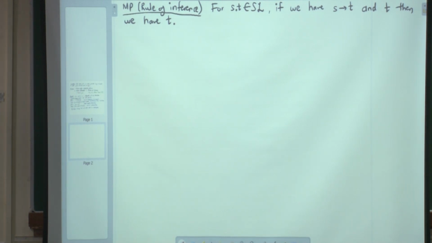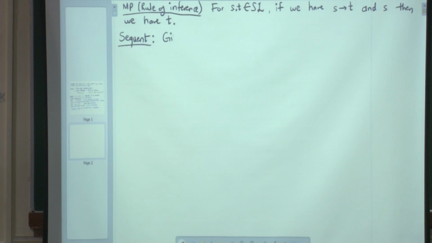Here I am supposed to write S. If we have S implies T and S, then we have T. Now, I am being sloppy in which word here? We have. Yeah, what does that really mean? So I am going to make that precise by defining a sequent.